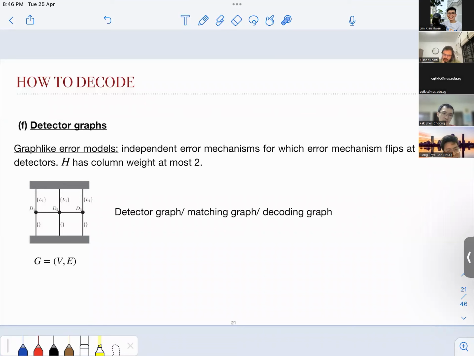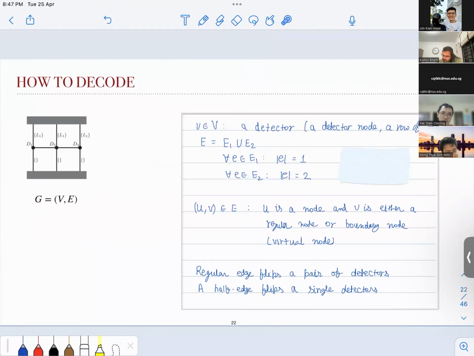And there are these virtual boundaries which correspond to those detectors for which there does not exist an error which flips them and any other detector. So we have this notion of half edge, and also this notion of a regular edge. These are regular edges, and the others are half edges.